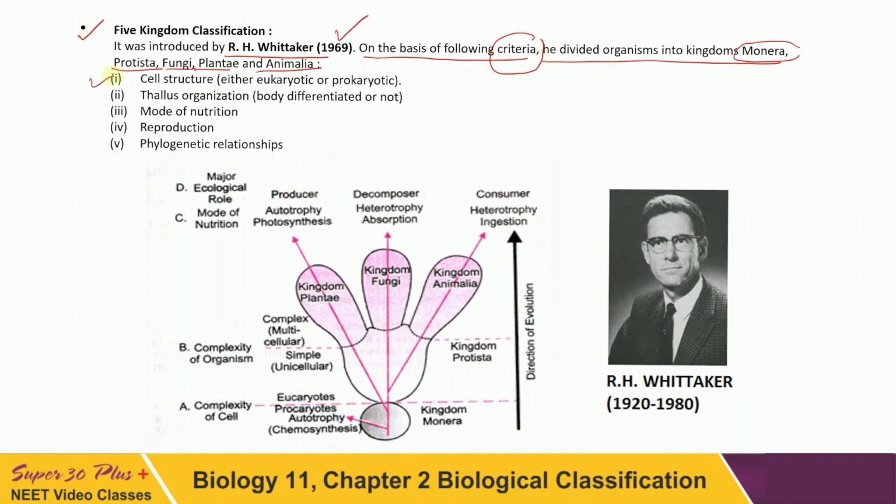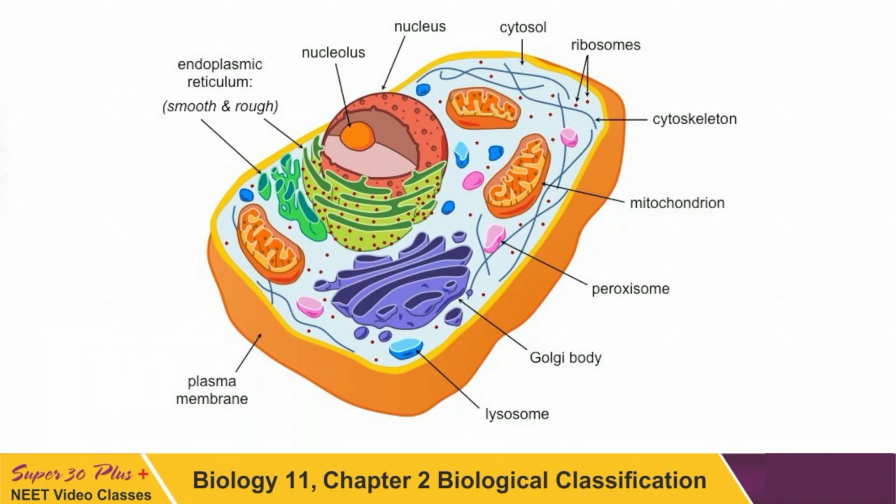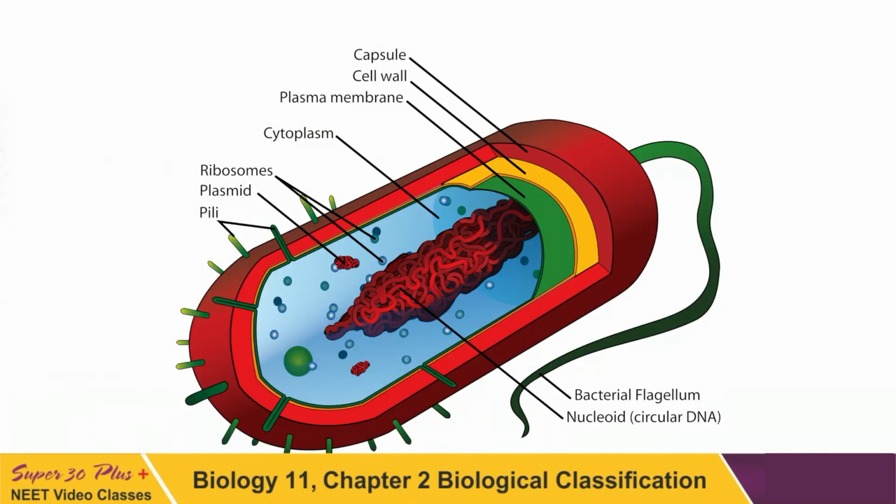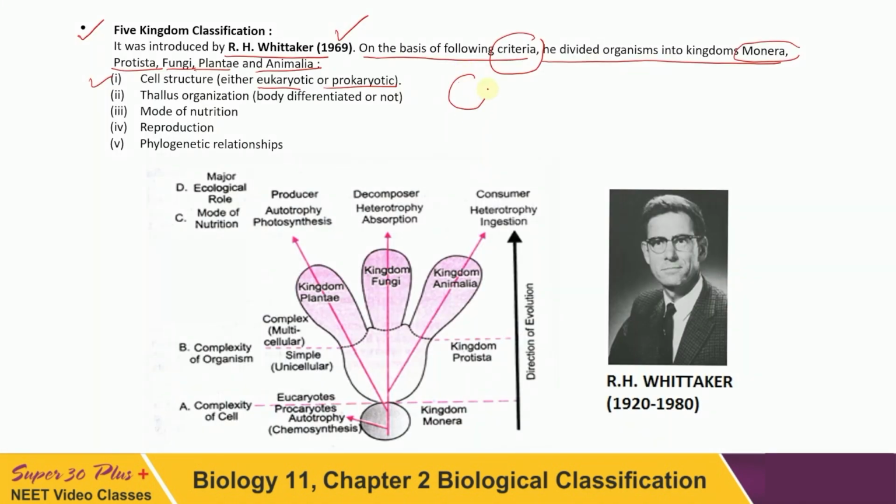One is cell structure: the organism is eukaryotic or prokaryotic. You know the meaning of eukaryotes? A cell that doesn't have a well-defined nucleus is known as prokaryotic, and a cell having a well-defined nucleus is known as eukaryote.